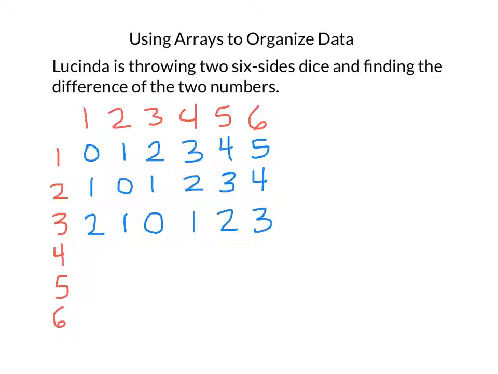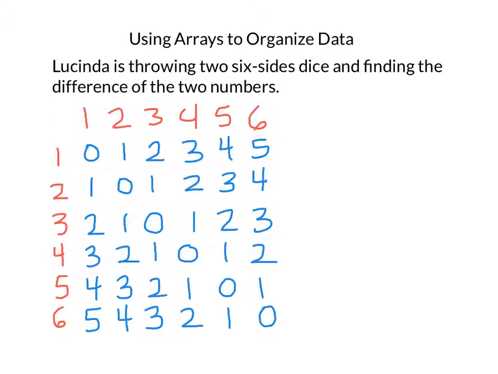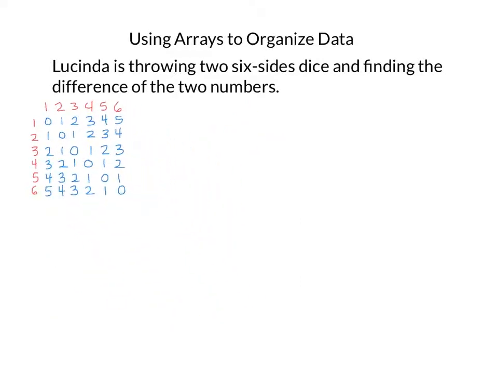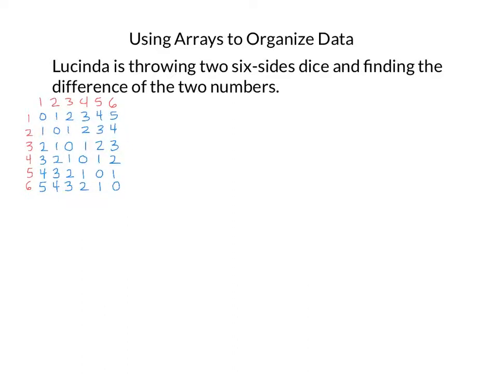Difference of 4 and 1 is 3, 2, 1, 4 and 4 is 0, 4 and 5 is 1 again, and 4 and 6 is 2. So here's the completed array, and I'm going to move that off to the side so I can get more stuff on the screen here.